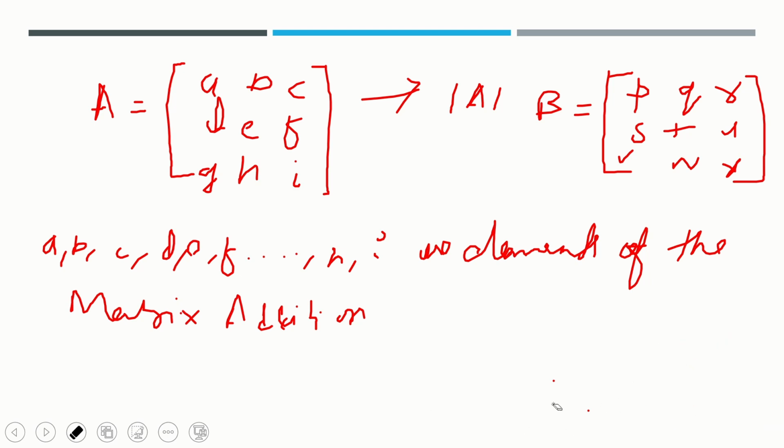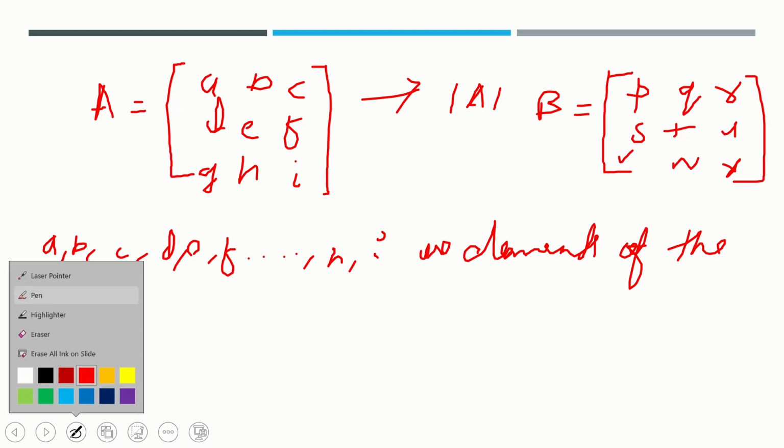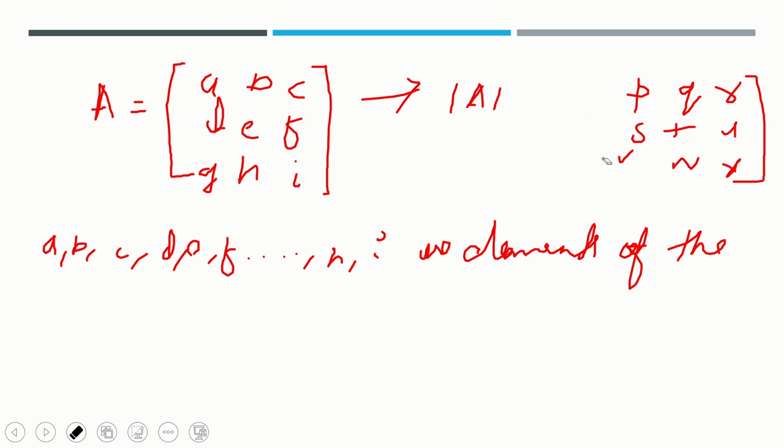That means I have to add any integer, any fraction, any rational or real number in the matrix.